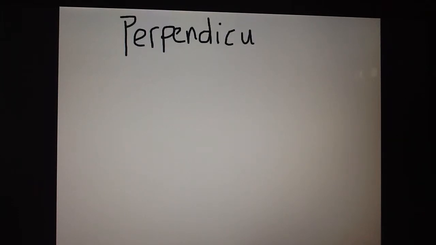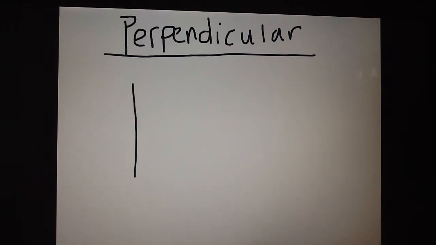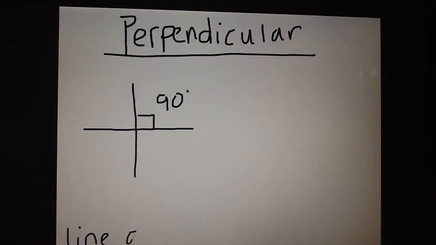All right, our next word we're going to be talking about is perpendicular. What does perpendicular mean? Two lines that cross and make a right angle. This is our 90-degree angle. All right, so we have line AB.